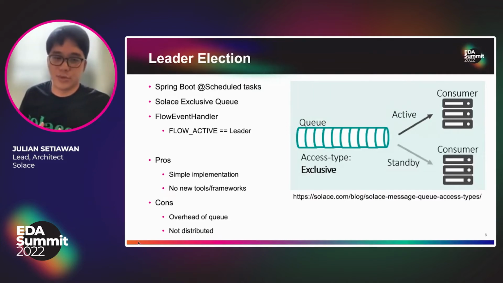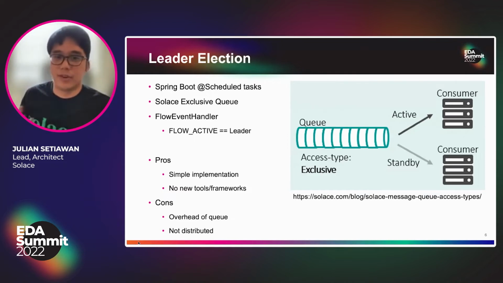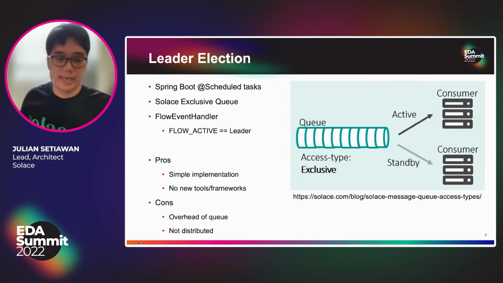We're not really using a queue for its intended purposes, and that can also get messy. And finally, it's not really distributed. This is a leader-follower setup. But this is a trade-off we were okay with, because when we started with single instances, one instance was already doing all of the scheduled work. So we figured when we do clustering, it should still continue to be okay.